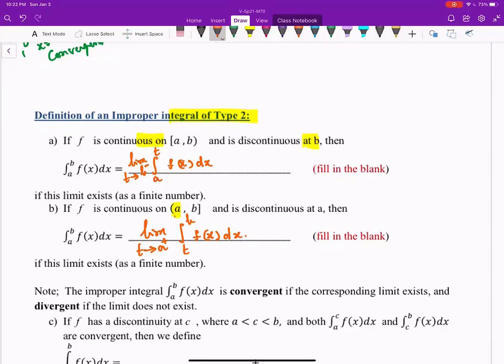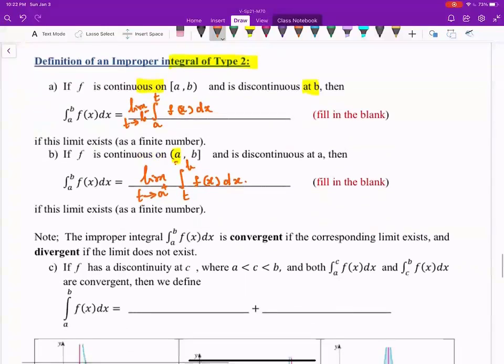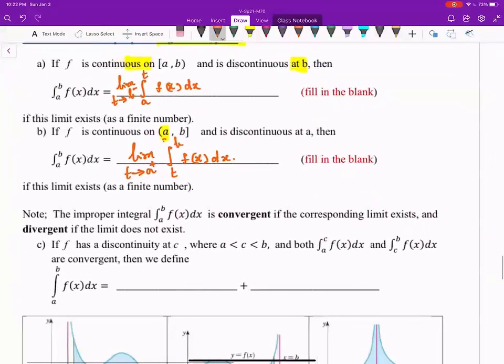If there is a discontinuity at the lower limit, you will approach from the right side of the lower limit, a plus. The improper integral from a to b of f(x) dx is said to be convergent if the corresponding limit exists and divergent if the limit does not exist.